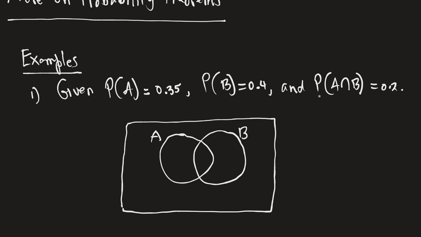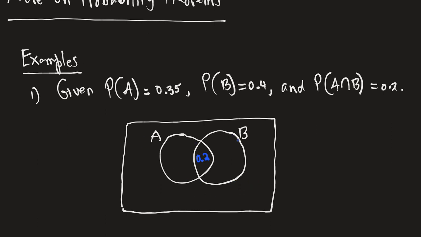And we're told that the probability of the intersection is 0.2. So that's where the 0.2 would go, in the portion of these two circles that overlap. And then the general principle is you work from the inside out until you get to the region that's not inside any circle.